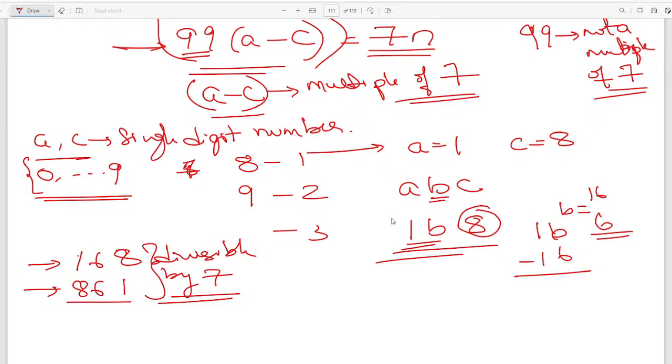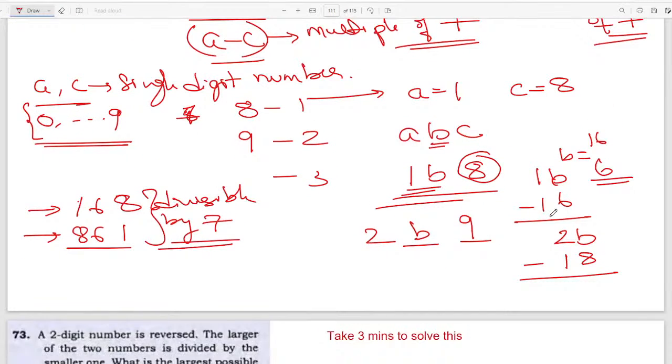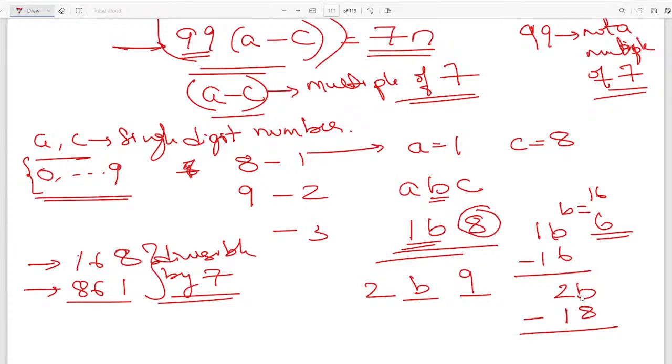So the next case is when A is 2, B we don't know, and C is 9. Here again, I'll multiply 9 by 2, which is 18. So 2B minus 18 should give me a multiple of 7. In this case, I need a 7 or 14.